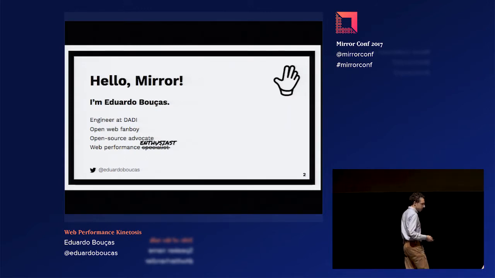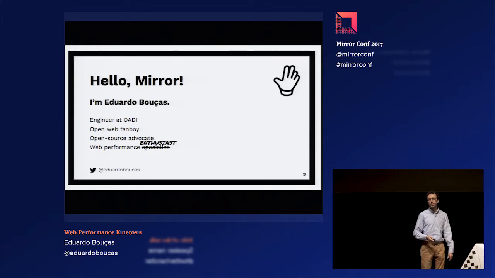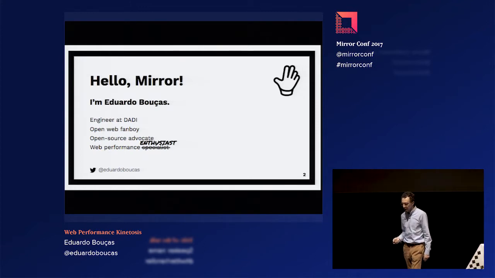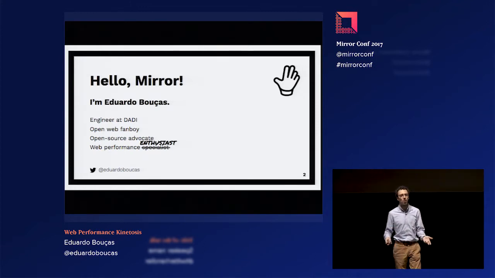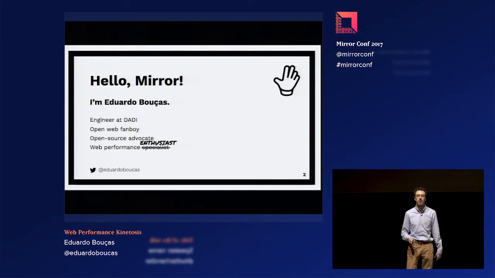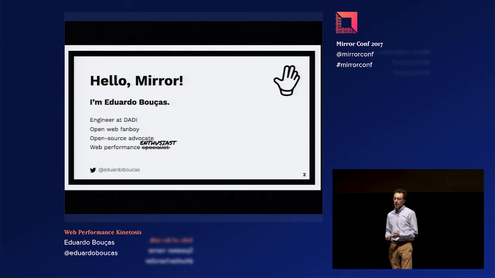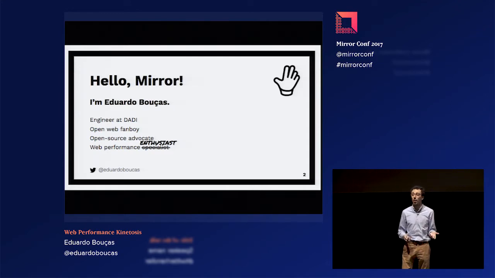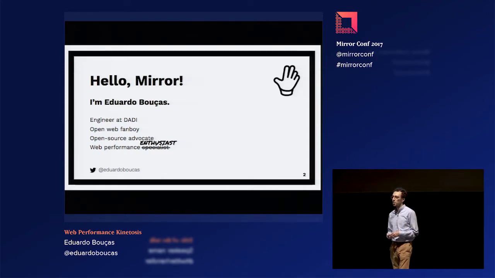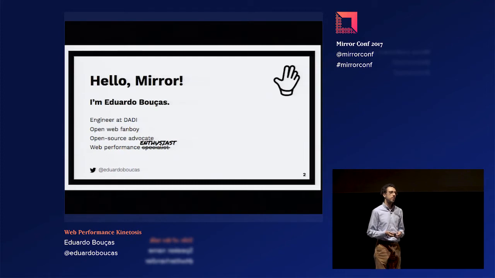I'm more of a web performance enthusiast in the sense that web performance is not really the main focus of my work, it's not my specialty, but it is something that I honestly believe that we as web developers need to get right if we want the web to prosper and to stay competitive against other platforms.